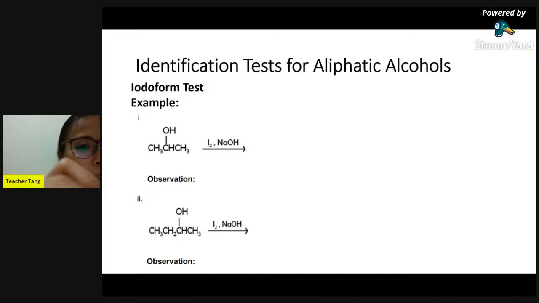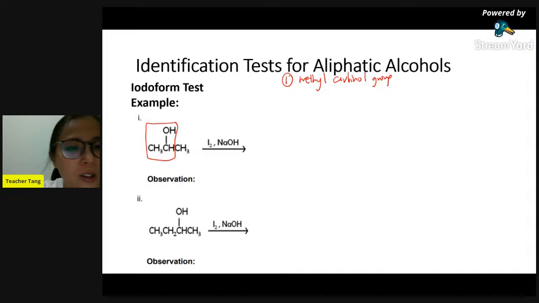whether there is a methyl carbinol group. So like for this one, this is the methyl. The methyl of the methyl carbinol group will leave to give us CHI3.